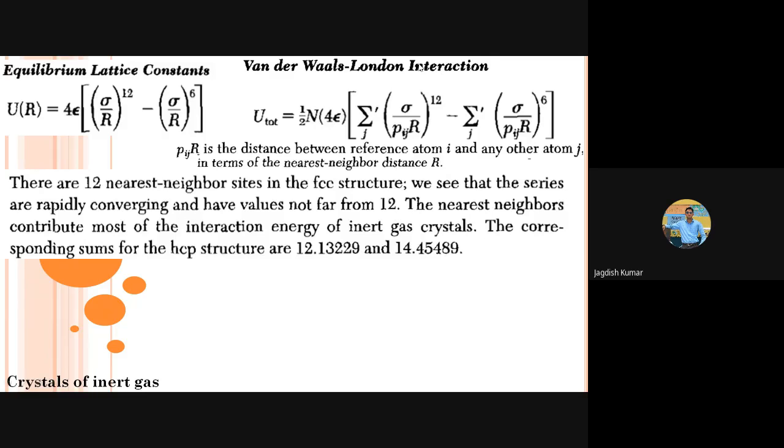Because here, now you should see, here the power is raised to the power 12. So 1 by root 2 raised to the power 12 will be like 1 over 64. This series will converge very fast rather than this series. This is 1 over root 2 raised to the power 6, so that will be like 2 raised to the power 3, so this will be 1 by 8. So that is why this series converges to rather 14 or close to 14, but this will converge very fast and very close to 12.